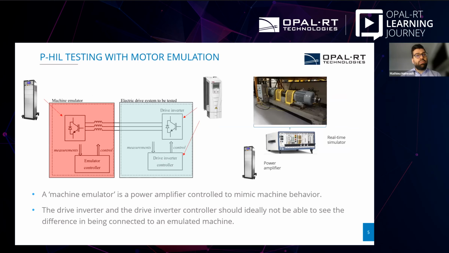Instead of going to a full dyno with a real machine in the loop, we test the controllers and inverters directly with a more flexible approach, motor emulators, where we use amplifiers and the machine model at OPAL-RT to emulate the machine behaviors, actually the back EMF. That allows you to do a lot of testing way faster.